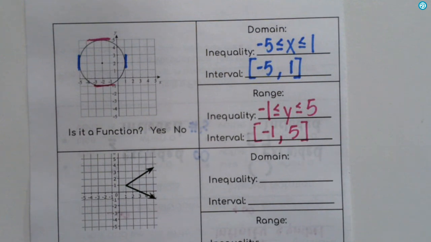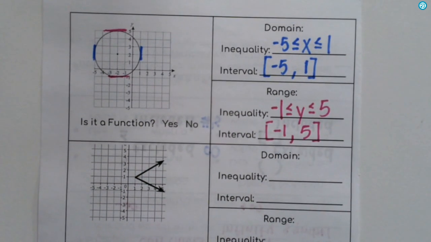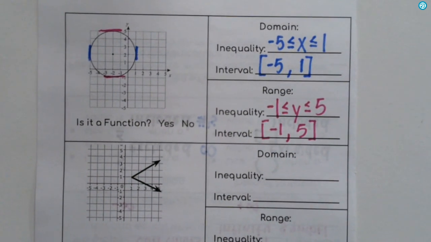Okay. Any questions about this first one? Okay. So let's look at our next one then. And like I said, we'll come back to this is it a function part.